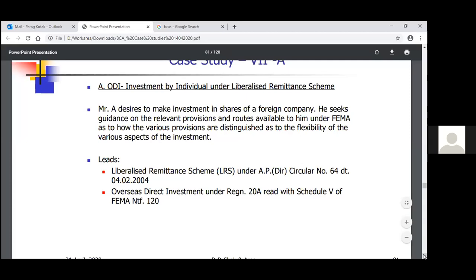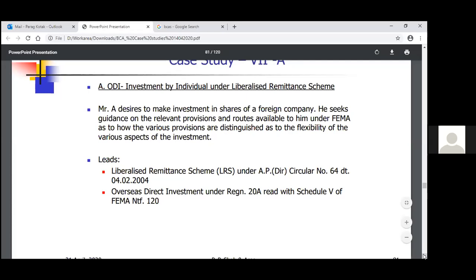According to me, because 120 excludes portfolio investment for the purpose of permissible capital account transaction, portfolio investment will not be covered for the purpose of ODI under 120, except the listed company shares, which are allowed to some corporates in India. So an individual will not be permitted under 120 in any case.